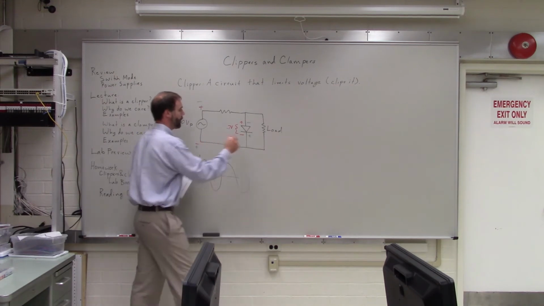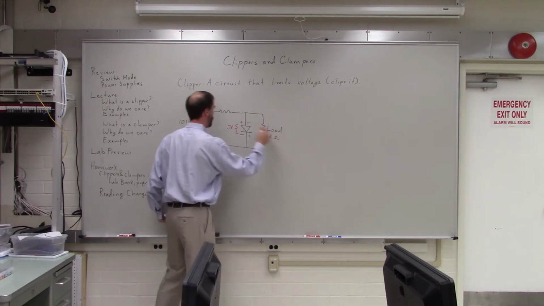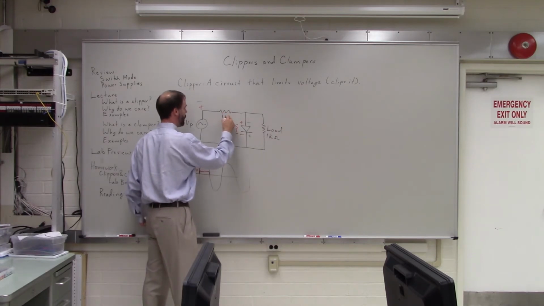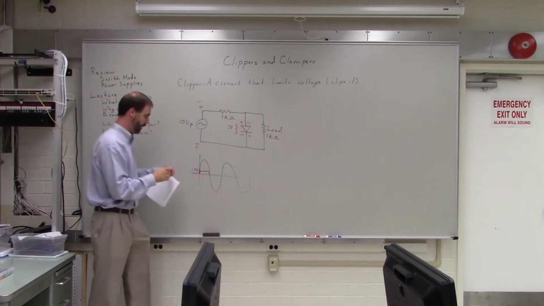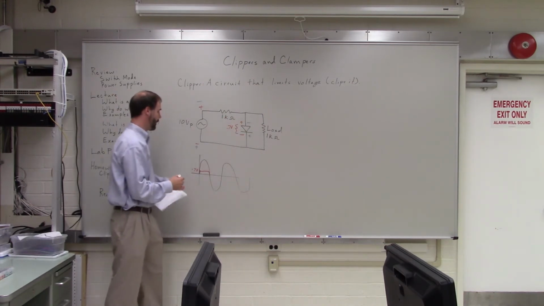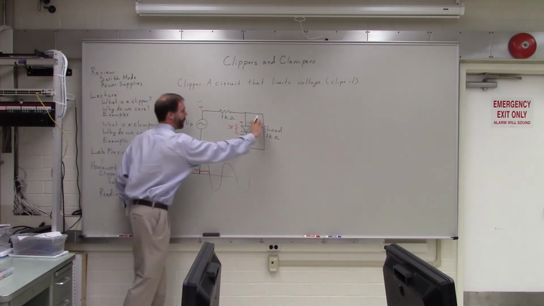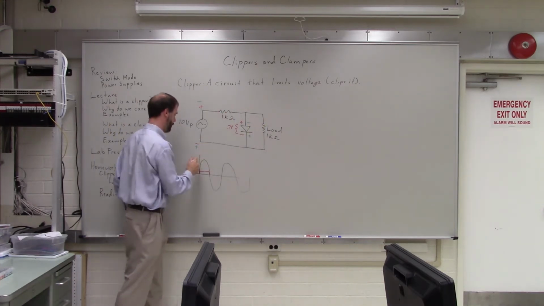Say that the load was 1 kilo ohm, and this one was also 1 kilo ohm. That's exactly right. Then you've got a voltage divider circuit. So half the voltage is across there and half the voltage is across there.